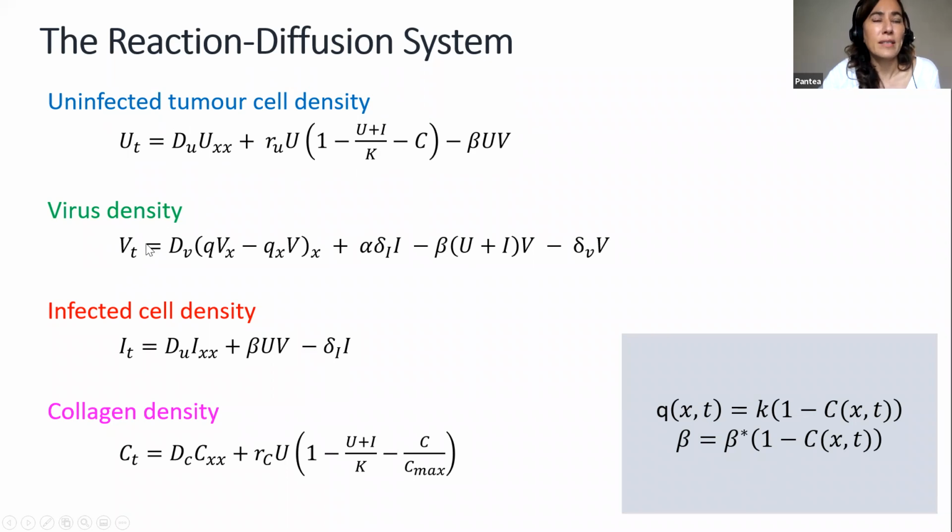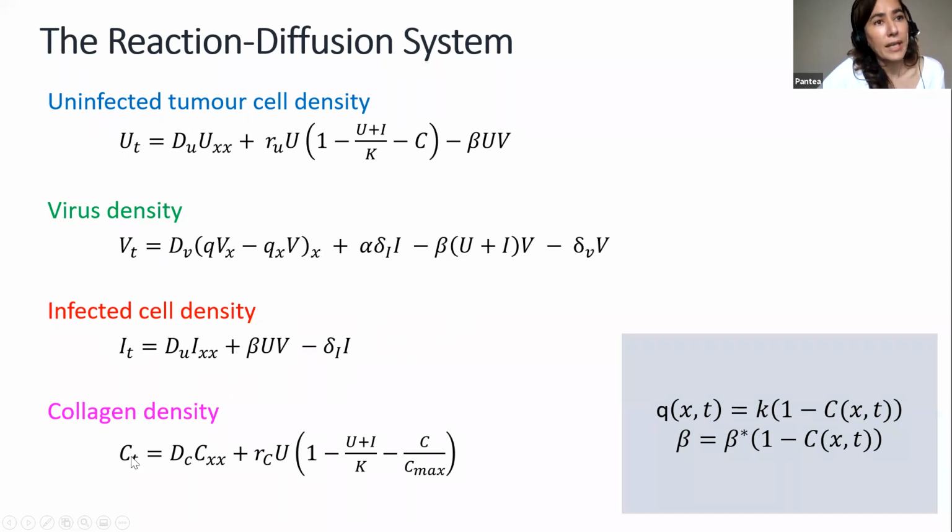Now, with the virus density, we have this new non-Fickian virus diffusion, and we have new viruses coming on due to lysis, and here we have the viruses lost to infection and just virus decay. Infected cells are going to diffuse. There are going to be new infections coming on from U, and then there are going to be cells that lyse, and that's going to feed back into the virus population.